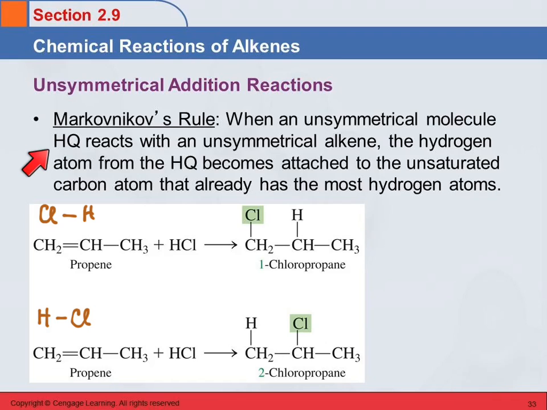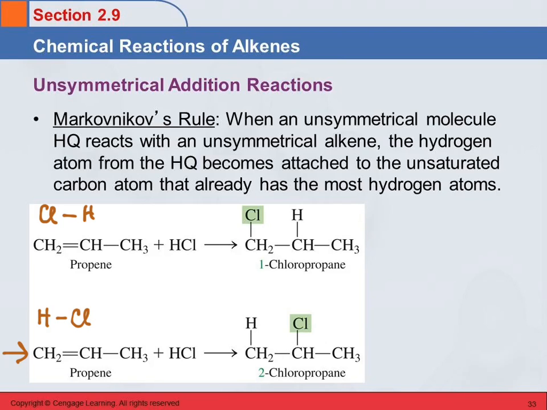And basically what this says is when you have an unsymmetrical molecule, HQ, so it could be HOH, water, or it could be HI or HBr, anything asymmetrical with a hydrogen on it. When that adds across, the hydrogen is going to prefer to go to the carbon that has more hydrogens. So if we look at these two carbons, this one has one hydrogen and this one has two. This hydrogen is going to prefer to go to this one. This is the reaction that's going to be preferred.